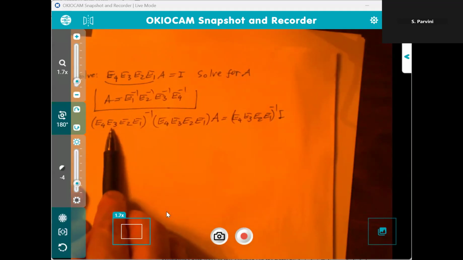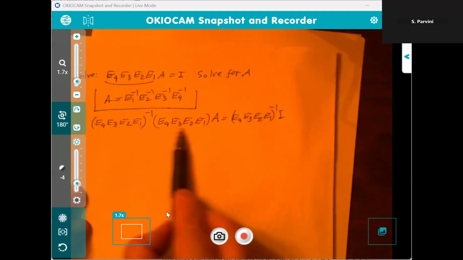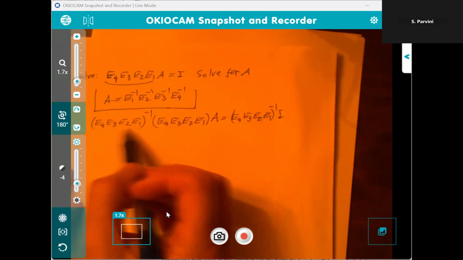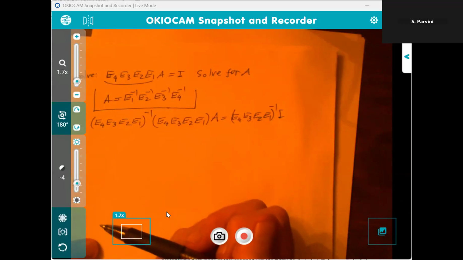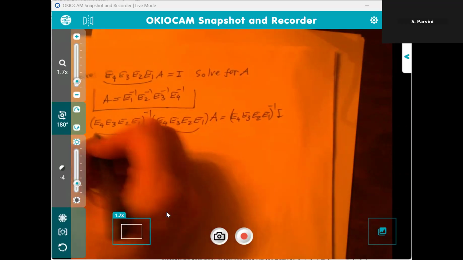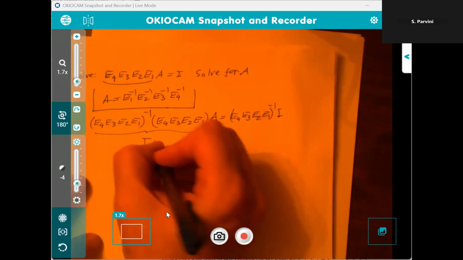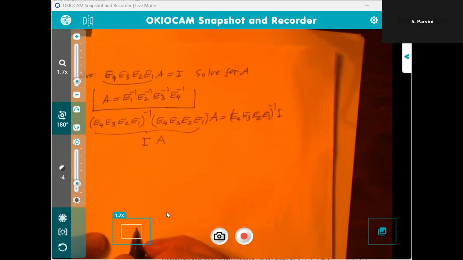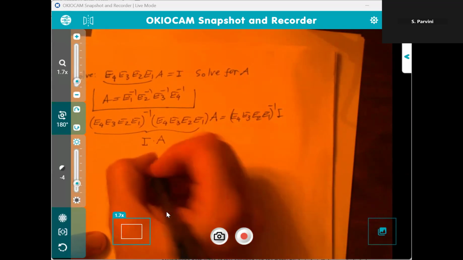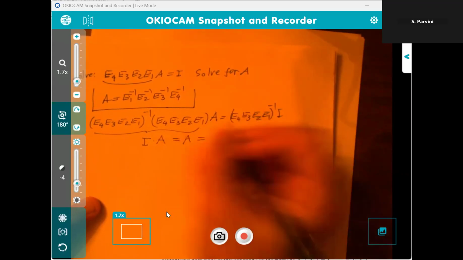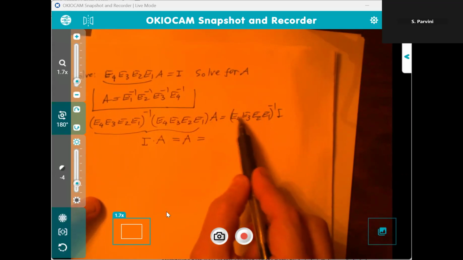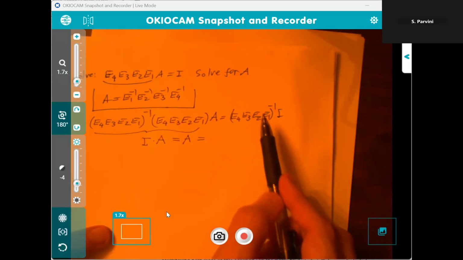Now, on the left side, any matrix inverse times the matrix gives the identity matrix. This product is going to give you the identity matrix. So that's just A. On the right side, earlier we had a property of inverse matrix.